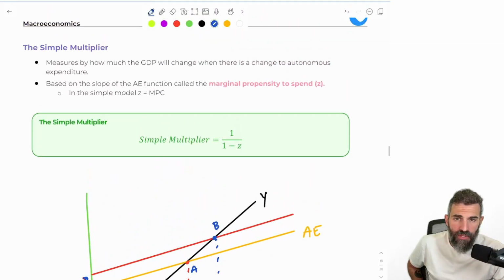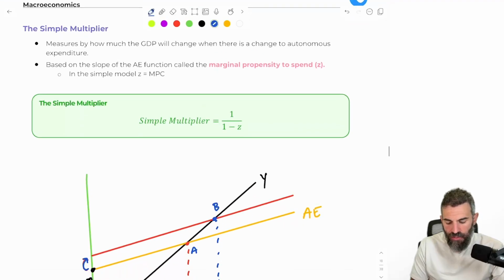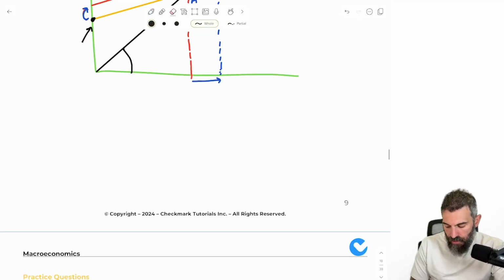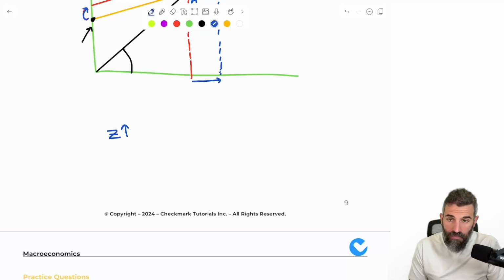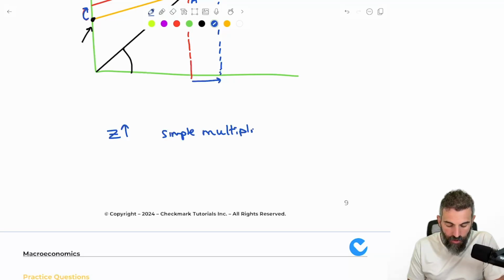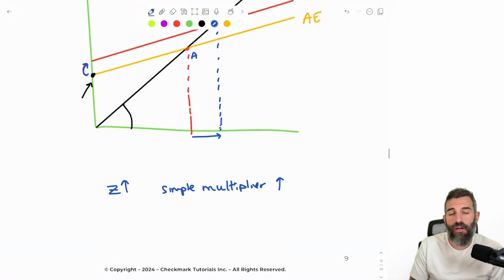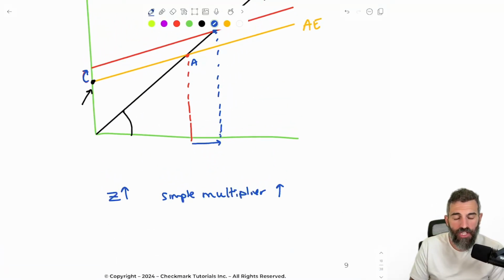And the formula is pretty straightforward. 1 divided by 1 minus the marginal propensity to spend. The slope, in other words, of the AE function. One thing you can make a note of here, the higher your marginal propensity to spend, the higher your simple multiplier. The more your GDP will change as a result of a change in autonomous expenditure.